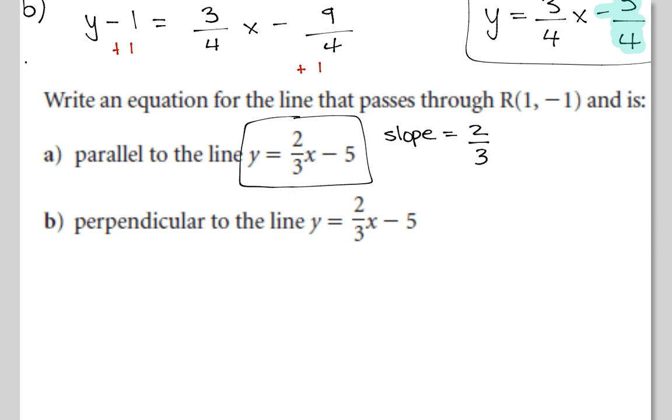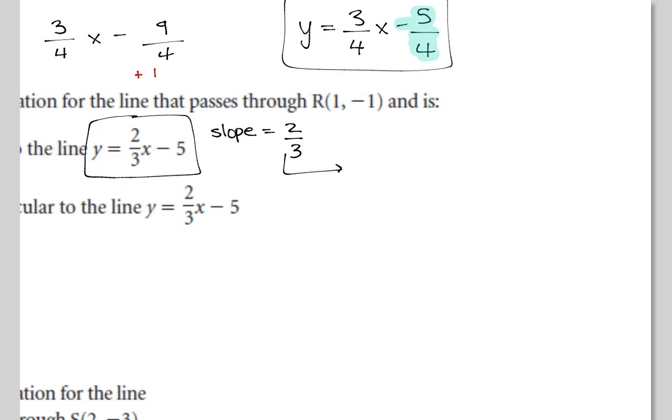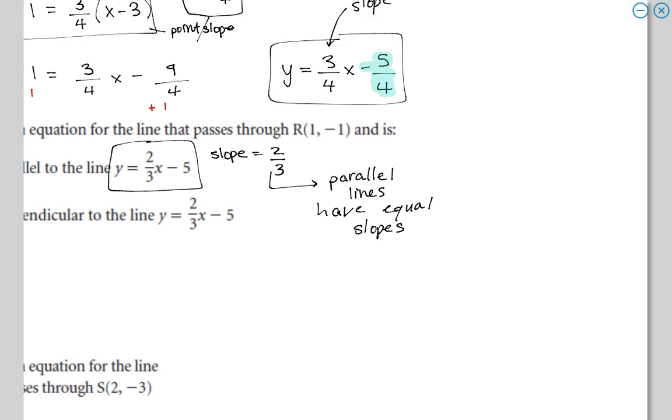So if I wanted something parallel to that, what slope would I use? Parallel lines have what slopes? Parallel lines have equal slopes. Except I have to use this point.